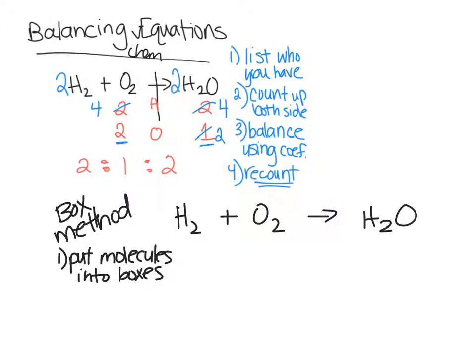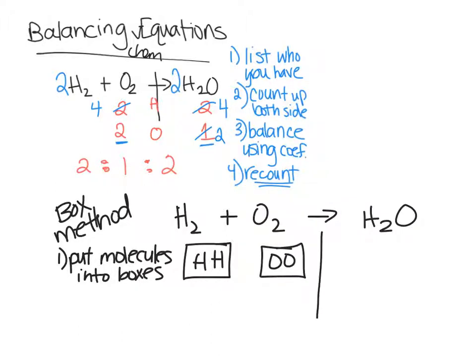This method forces you to keep things together. I don't have separate hydrogens; I have a molecule of 2 hydrogens and a molecule of 2 oxygens. I'm going to put a line down the center so I know that's my midpoint. That's the equal sign. And on this side, I have 2 hydrogens and 1 oxygen.